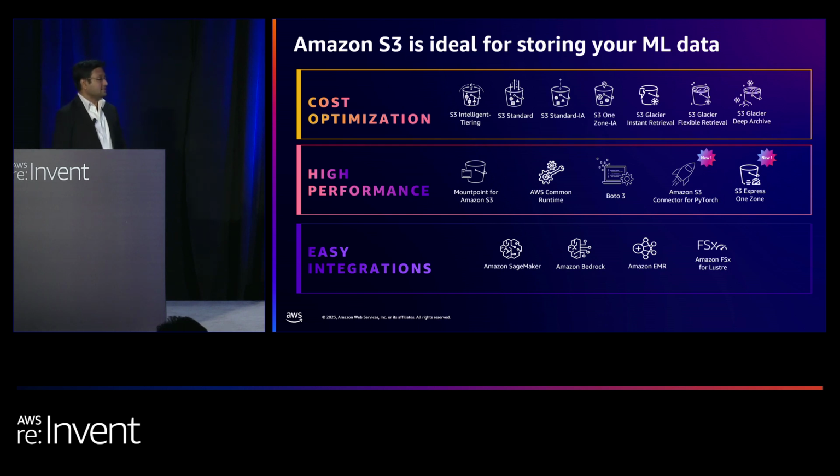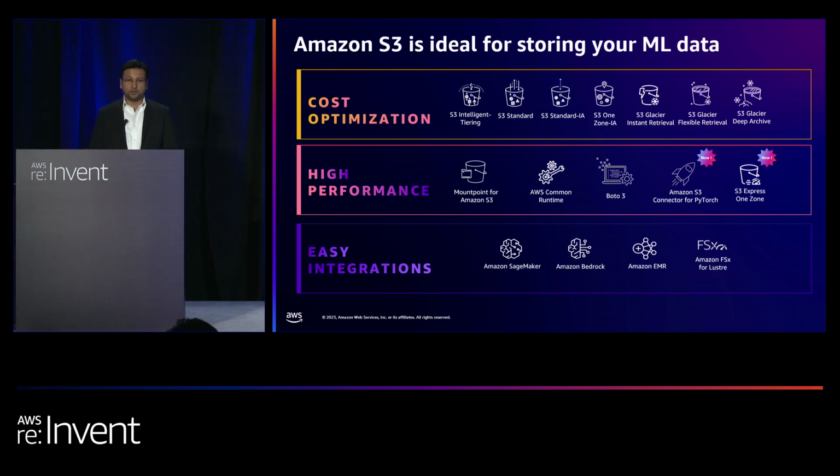So to summarize, with Amazon S3's range of storage classes and cost optimization features, the new high-performance storage class, S3 Express One Zone, our new client integrations that we launched over the last few weeks, and its seamless integration with purpose-built services, you can use Amazon S3 as the foundational storage for all your machine learning needs and build your workflow on top of it.